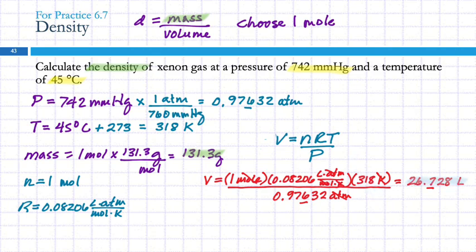There's just my volume that I need to put into my density equation. So the density is the mass, you get that right here, divided by the volume.